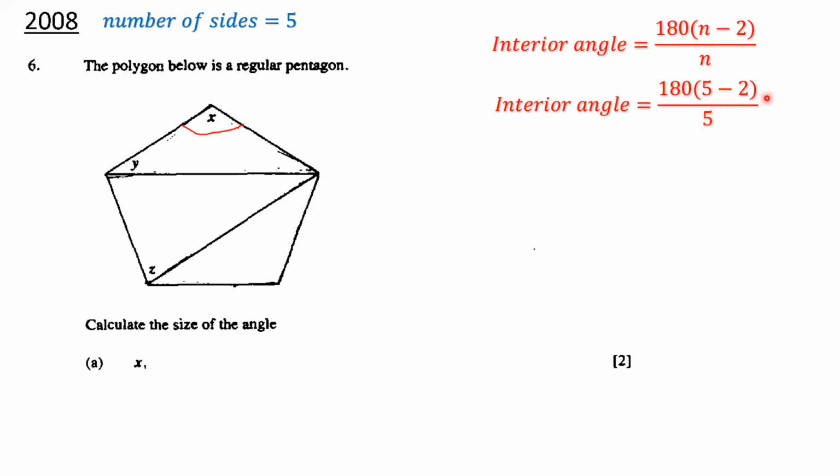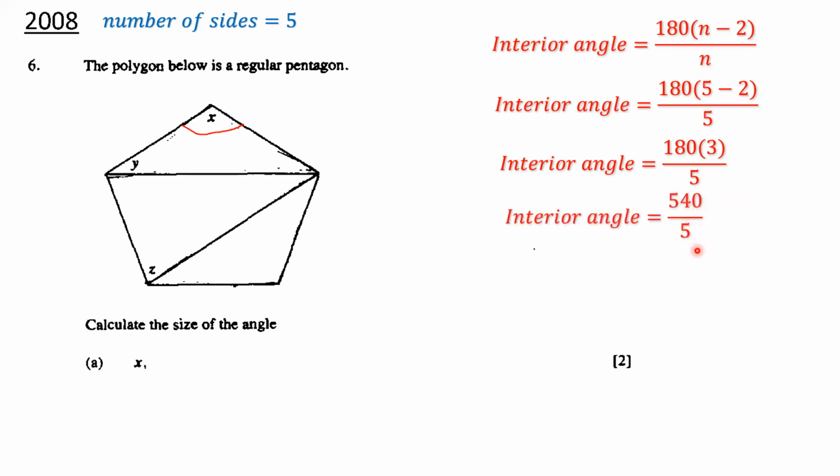Well, 5 minus 2 is definitely 3. And so we have 180 multiplied by 3 all over 5. And so 180 multiplied by 3 is going to be equal to 540. All right, that's 540 all over 5. So 540 divided by 5 is going to be 108, which means that the interior angle of this pentagon is going to be equal to 108 degrees. So x is going to be equal to 108 degrees.